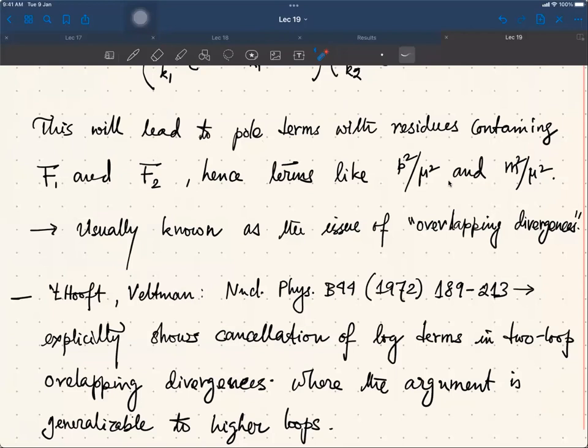The p square term's corresponding counter term will look exactly like the kinetic term of the original Lagrangian, del mu phi, and the m square term will be the mass counter term. The other diagrams, the 4-point function, will have counter terms with p square to the power 0 and m square to the power 0, but arbitrary higher powers of lambda, and those will be correcting the lambda phi-fourth interaction.